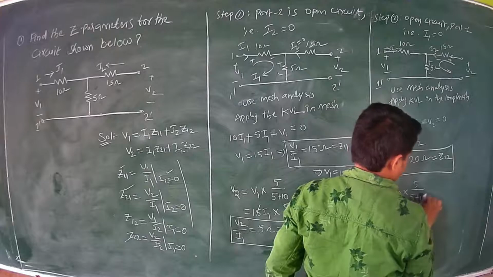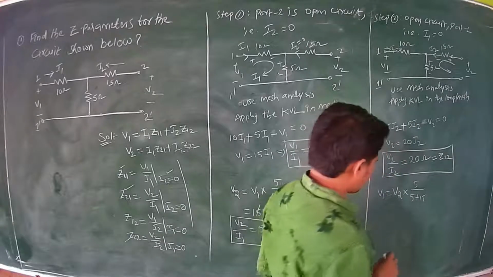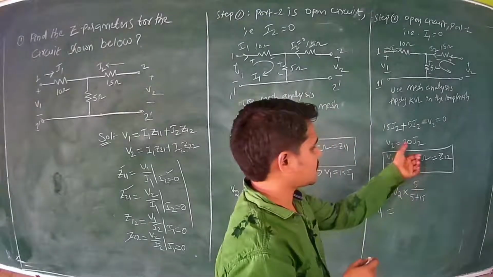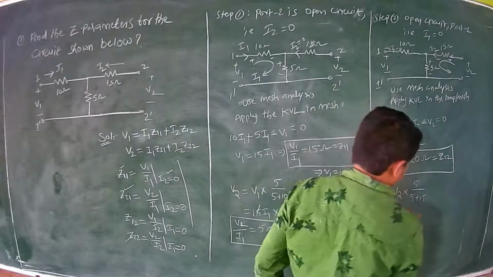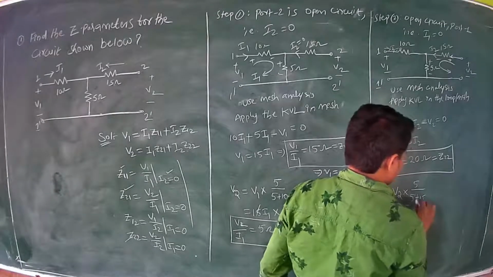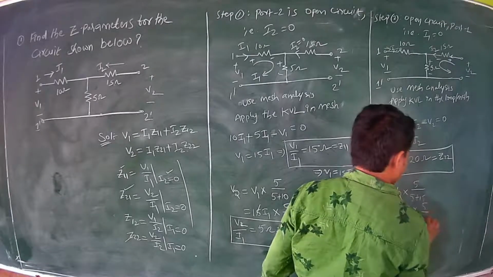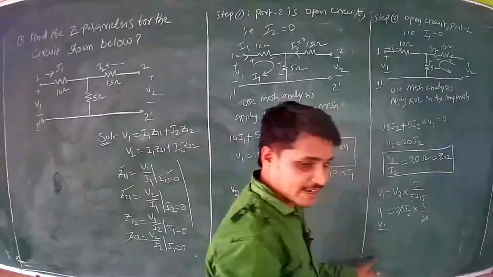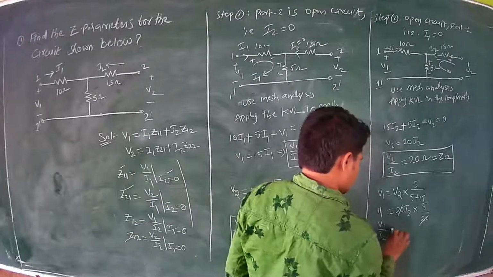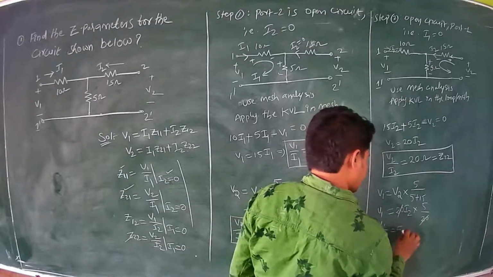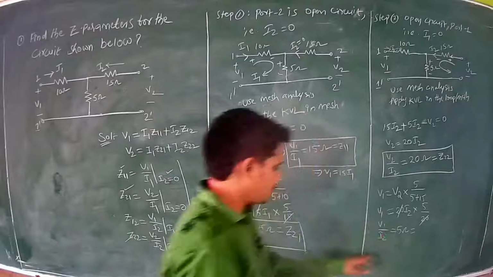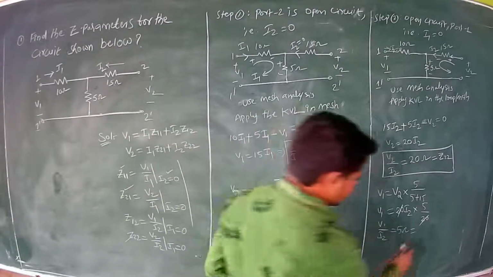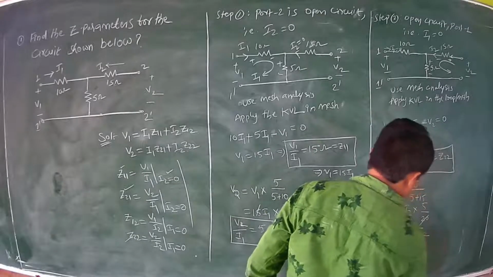V2 is 20 I2, substitute here: 20 I2 into 5 by 20. So 20 cancel. Therefore V1 by I2 is equal to 5 ohms. V1 by I2 when I1 equal to 0 is nothing but our Z12.